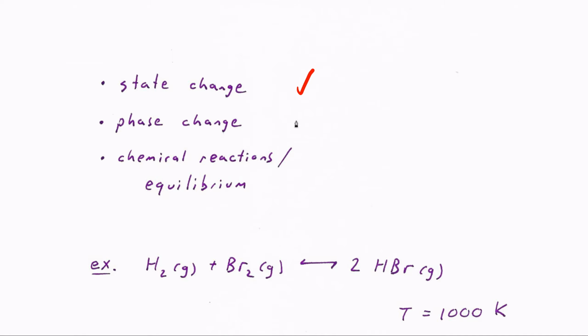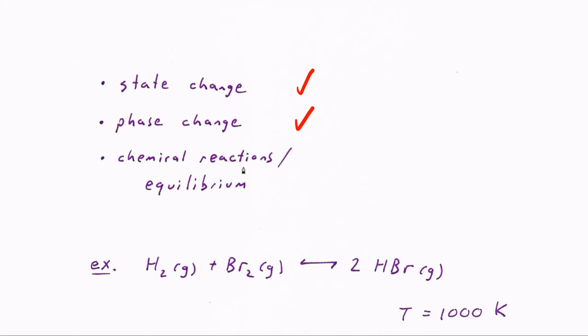We can also predict things about phase changes, changes of phase like solid, liquid, gas. So we can predict an awful lot now about melting and boiling and freezing and evaporation. But we haven't said anything about any actual chemical reactions or equilibrium chemical reactions.